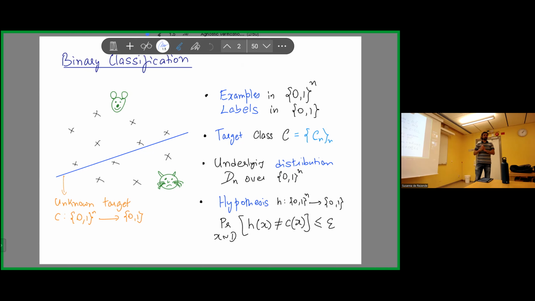The goal of this task is to output a hypothesis which approximates the unknown target very well. What I mean by approximating the target very well is that the error between your hypothesis and the unknown target is at most epsilon with respect to the underlying distribution D.